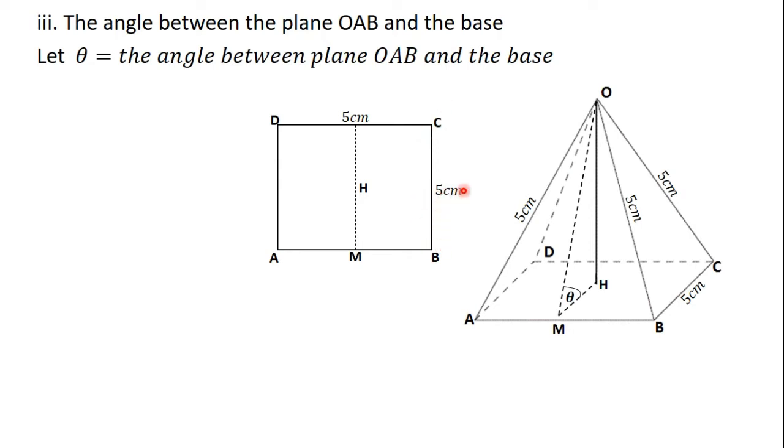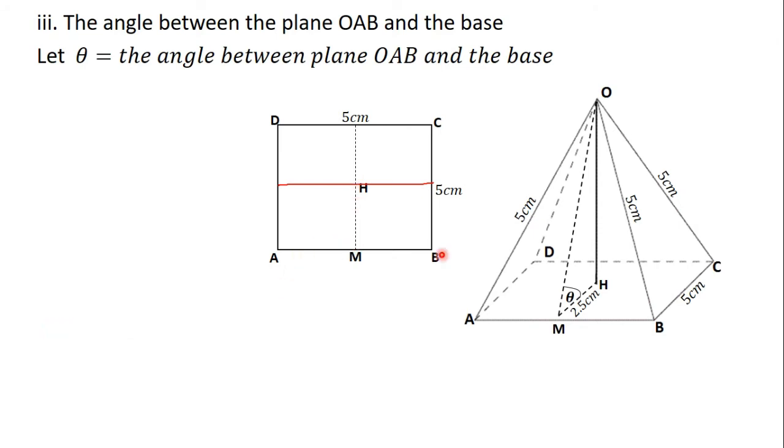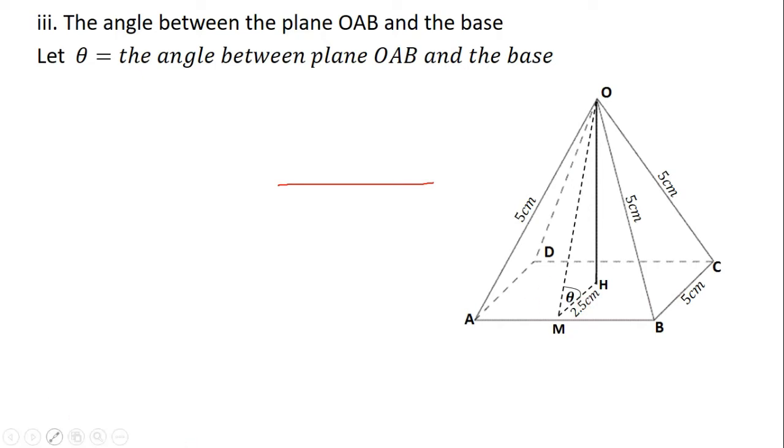BC is 5 centimeters. So half of 5 centimeters will be 2.5 centimeters. So from M to H, we know that H is at the center, so it means that from M to H is the same as dividing this into 2 equal parts. That means that from M to H is half of BC, which is 5 centimeters, and that will give us 2.5 centimeters.